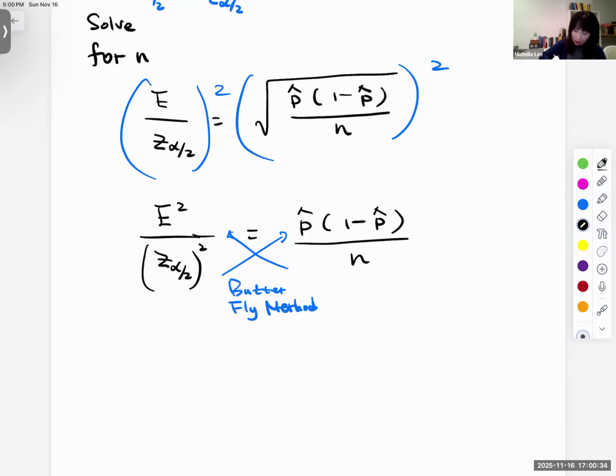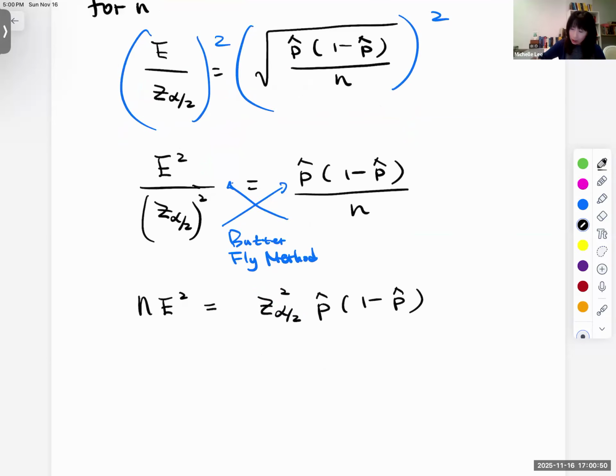Okay, so we have n times E squared equal to z sub alpha over 2 squared times p hat, 1 minus p hat, right? Now E squared is here, so we divide by E squared on both sides.